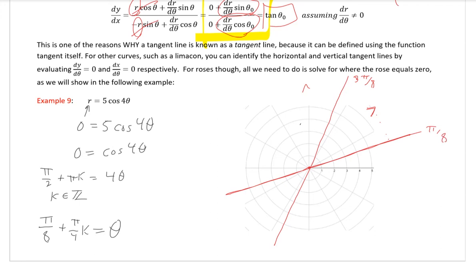So we have pi eighths so far. If we add pi fourths, we get 3 pi eighths. If we add another pi fourths, we get 5 pi eighths. That'll be an equivalent distance, somewhere around here, maybe. Something like that.